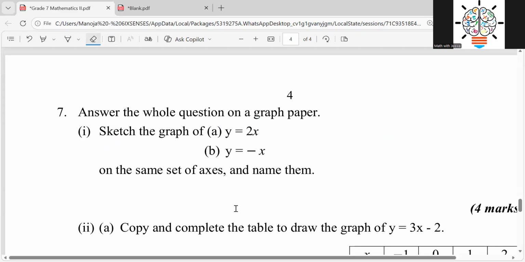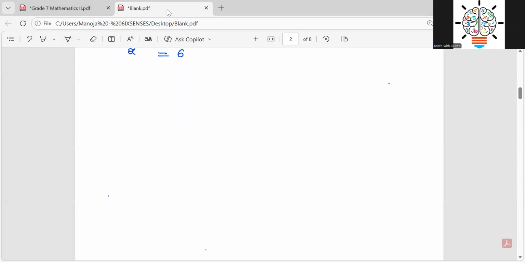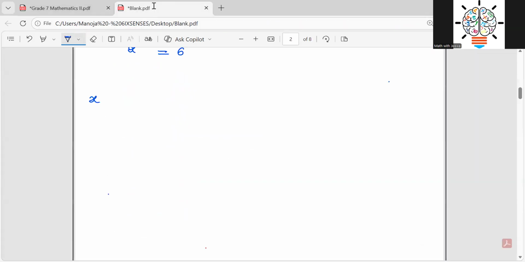How are you going to do that, children? You want to have your own table. Normally, if they have not given any x numbers or x limit, I just take x as -2, -1, 0, 1 and 2. Then I get 2x: -4, -2, 0, 2 and 4.